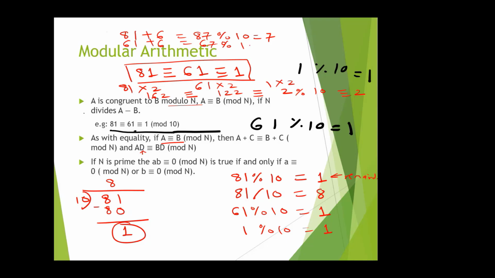And if again we calculate the remainder, we get the same number. So if we add any C to A and to B, then under this function they still both have the same remainder. So A plus C will be congruent to B plus C. Either you can multiply or you can add, you will still get the same result.